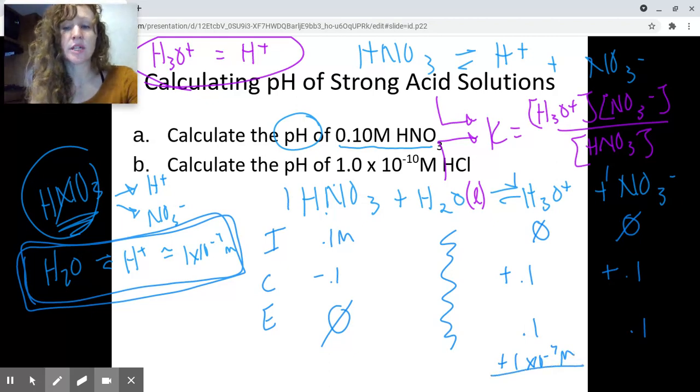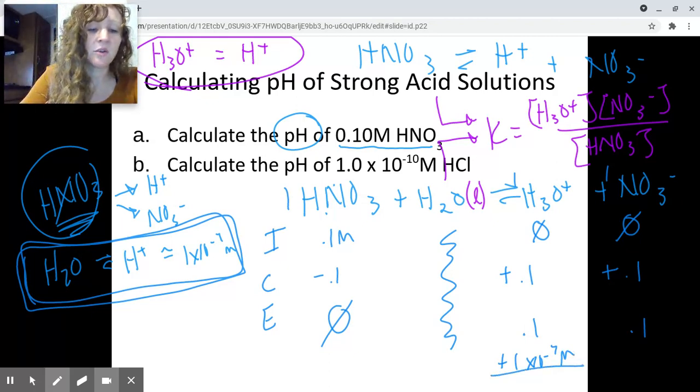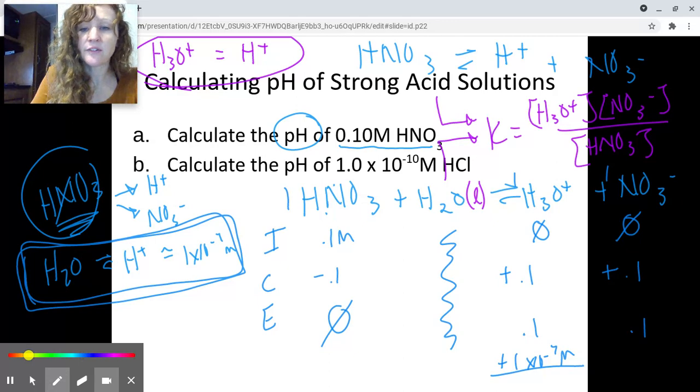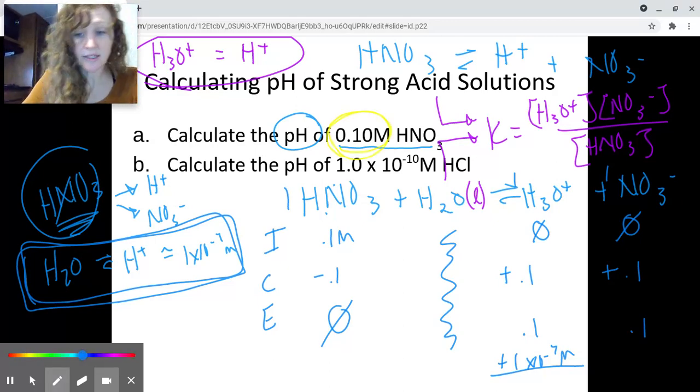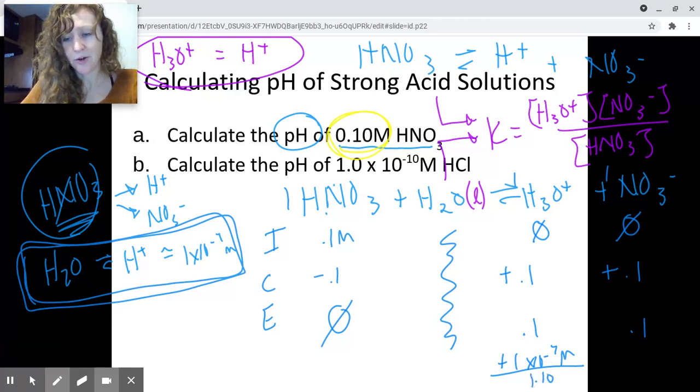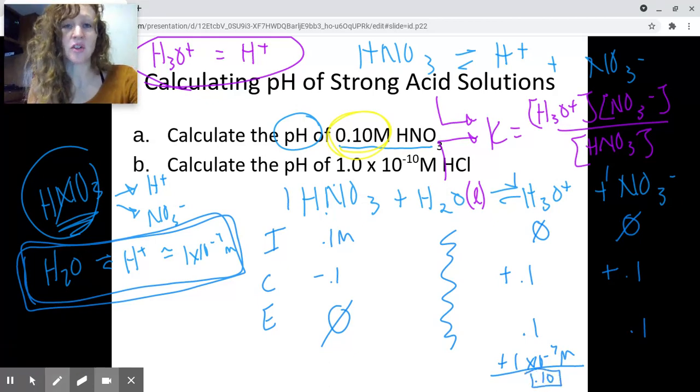If we add these two things together and then we round off to 2 significant figures, what do I get? I get 0.10. So does the self-ionization of water contribute significant H plus? Not in this example, it doesn't. It's not even close, right?